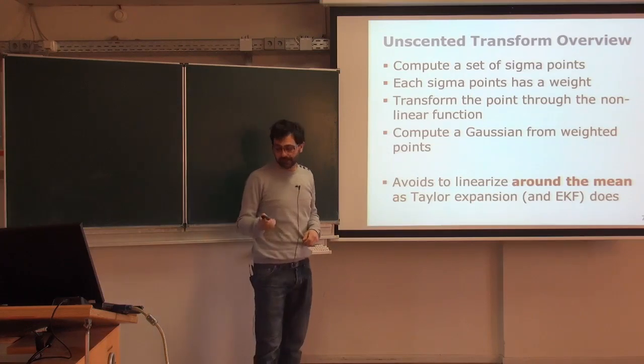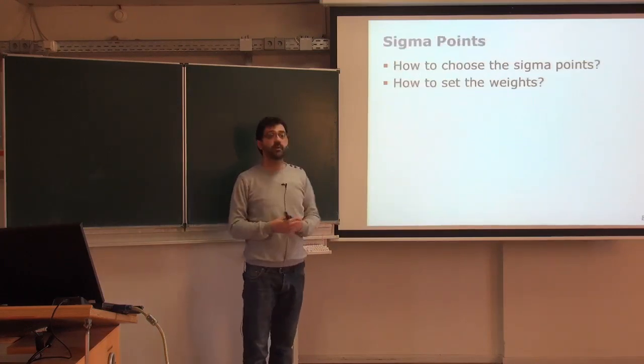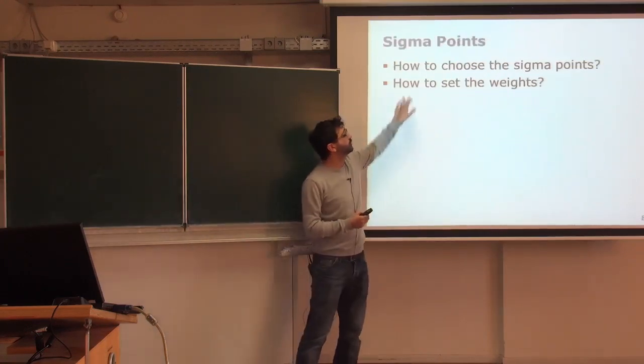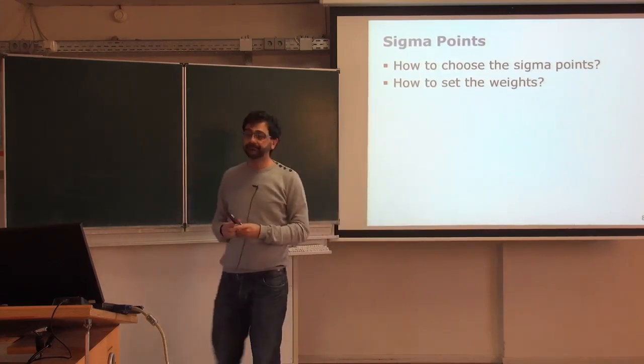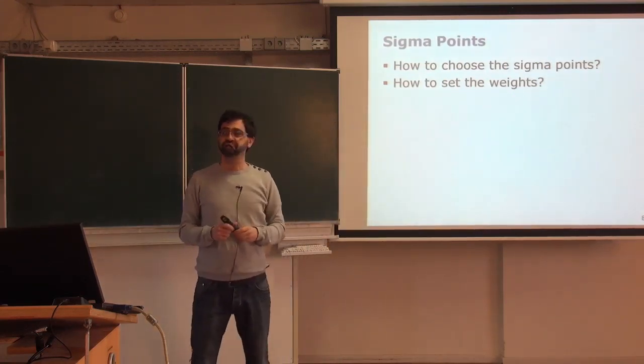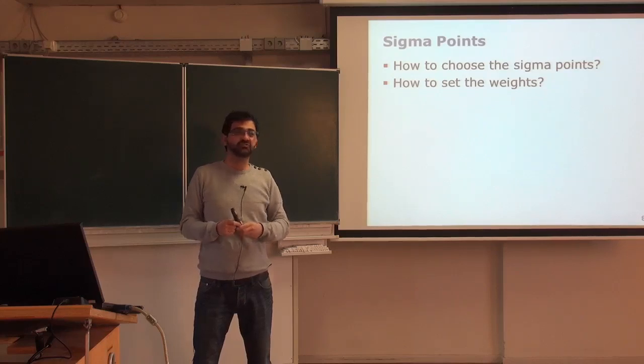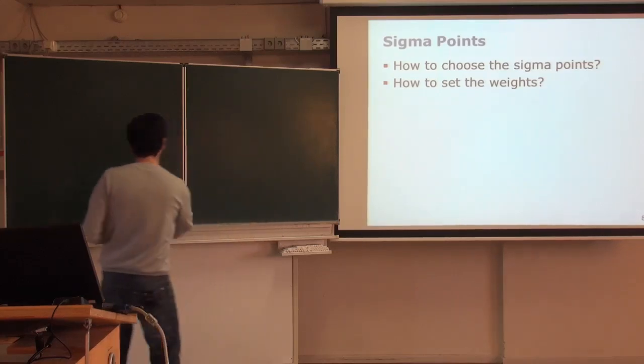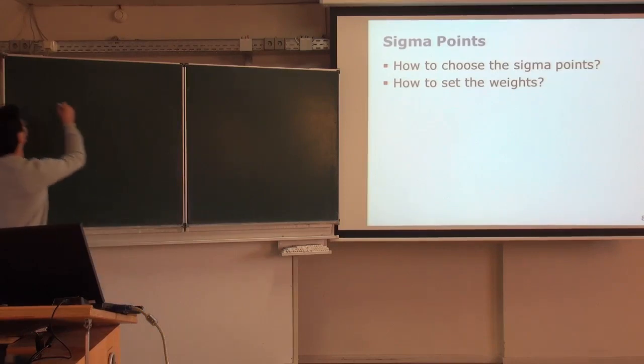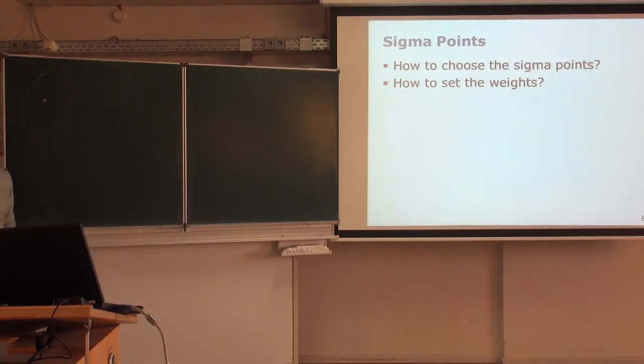Okay? So how do we actually compute the sigma points, and how do we compute the weights? Do you have any idea? Any suggestion? We have here our mean and our covariance, and we want to transform this. What could be a way of getting the sigma points?